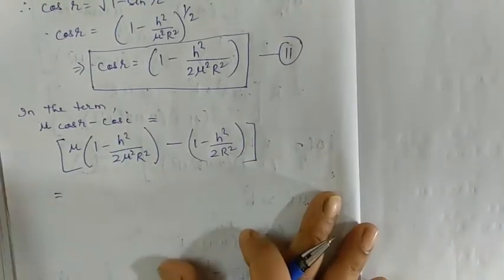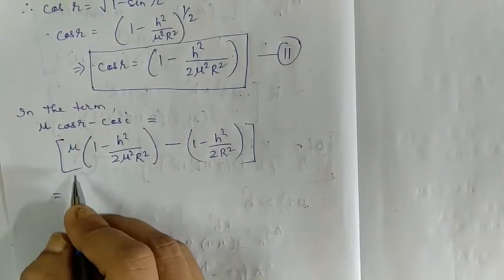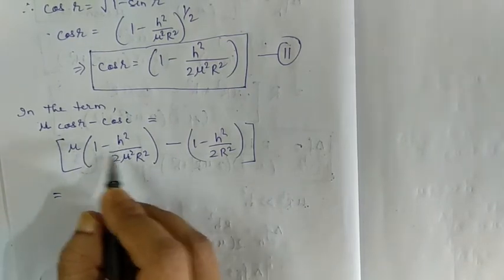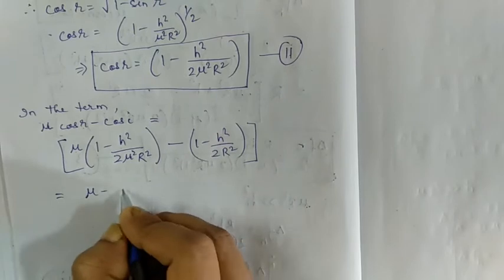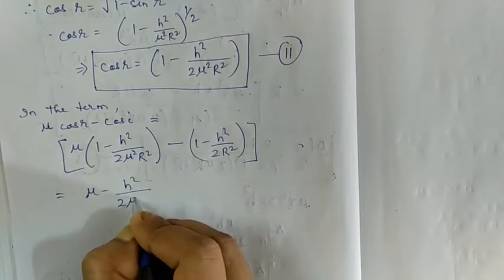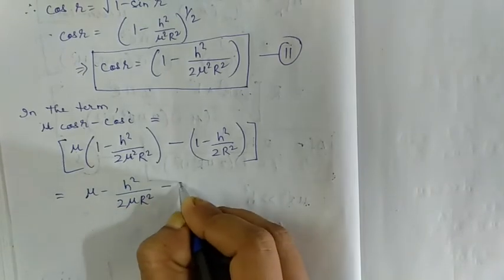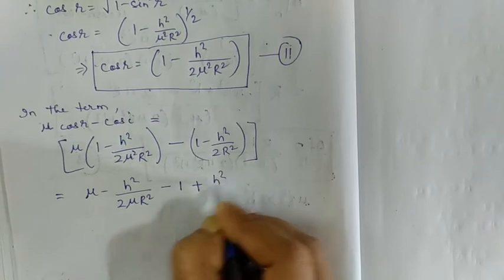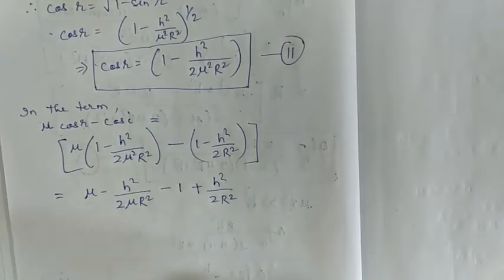I am going to solve this one. That is, we just multiply this mu in this term, so you get here mu minus, here one mu gets cancelled, so h square by 2 mu r square, minus 1 plus h square by 2 r square.